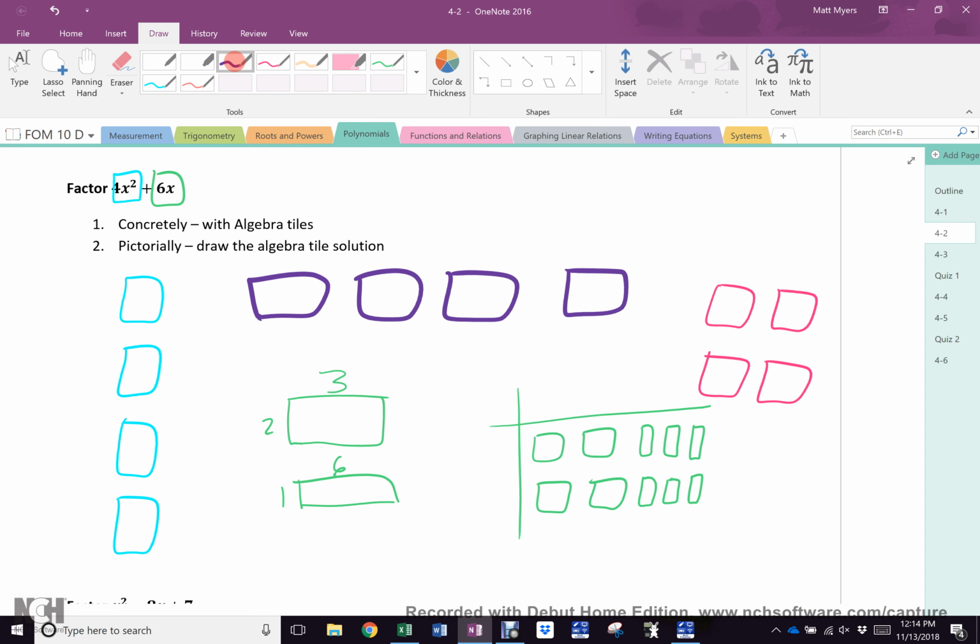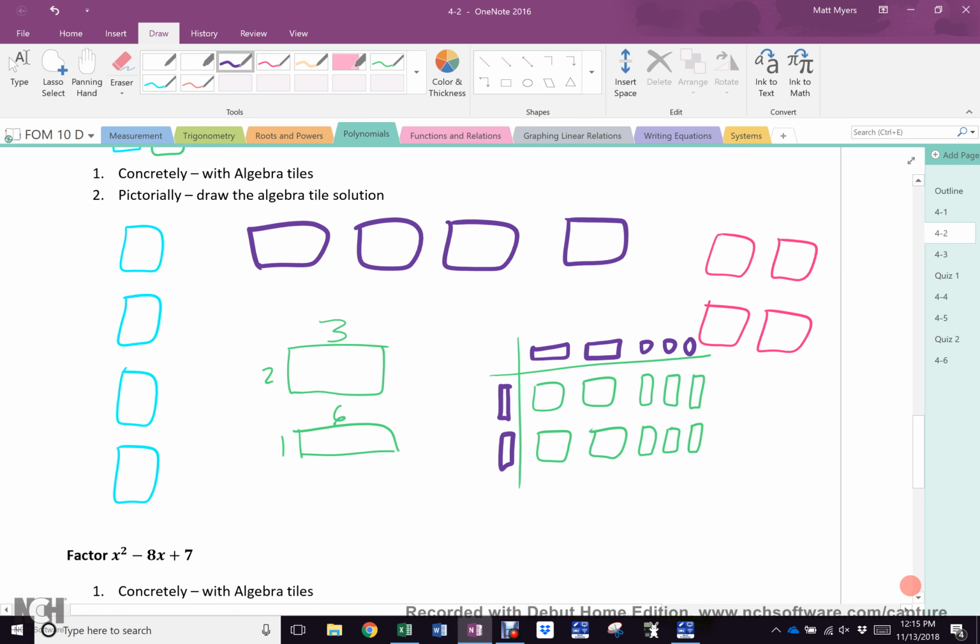I'll wait patiently for everybody to tell me what the factors are. 2x, because there's one x, then a second x, and 1, 2, 3. What's down here? 2x. So what would I write if I was writing it out in factored form? What's this factor? 2x. What's this factor? 2x plus 3. And I would be done.